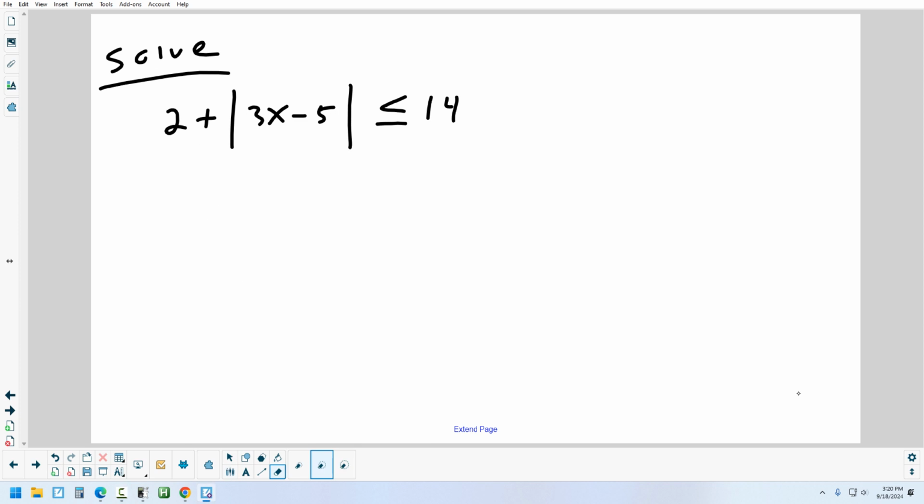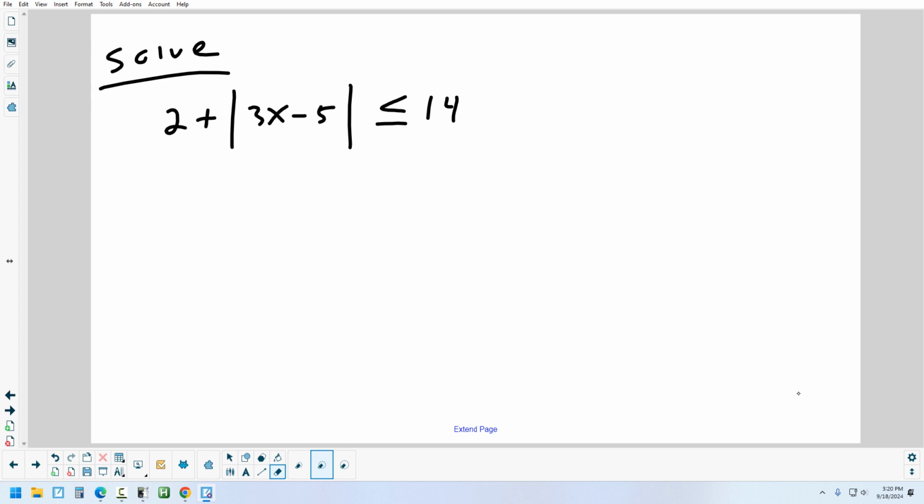All right, so next one we're going to look at is solving an absolute value inequality, very similar to solving an absolute value equation. The first thing we have to do is make sure that the absolute value is by itself on the left side. Is the absolute value by itself? It is not. So we got that plus 2.